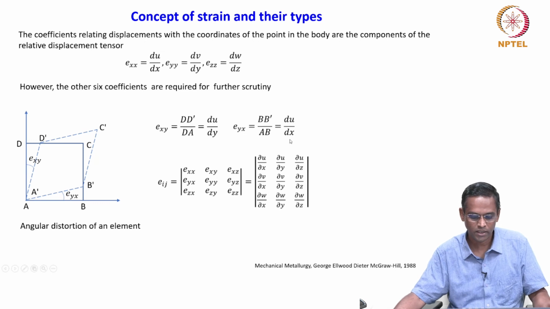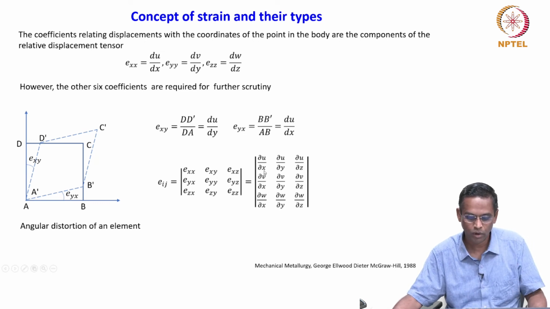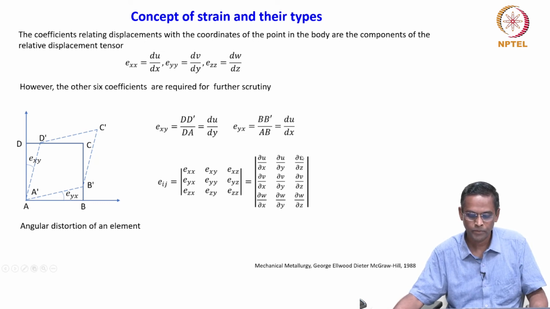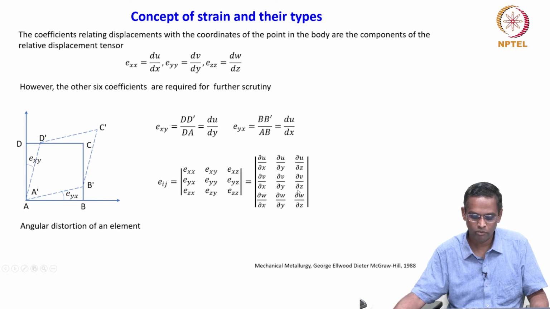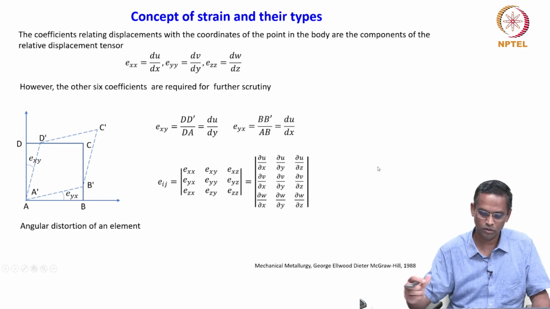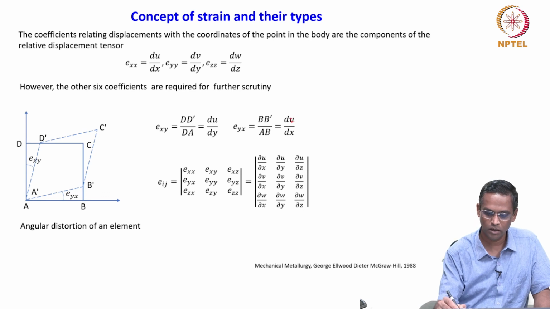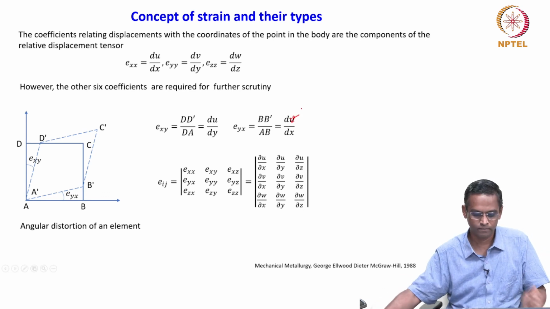So, you can see that dou u by dou x and dou u by dou y and dou u by dou z, and here dou v by dou x, dou v by dou y and dou v by dou z. So, I was correct. So, we can correct this now. So, it will be dou v by dou x.